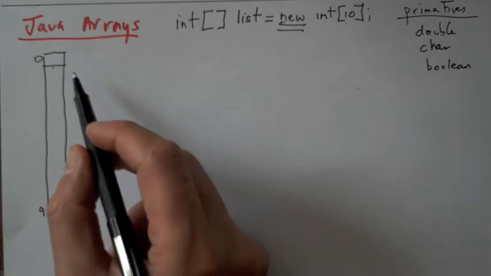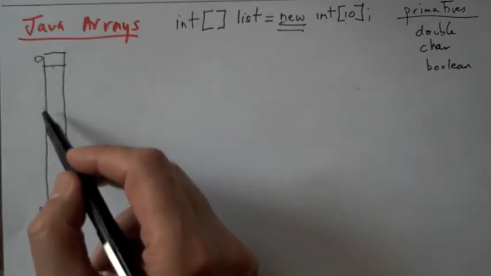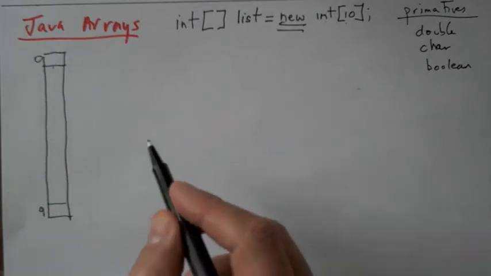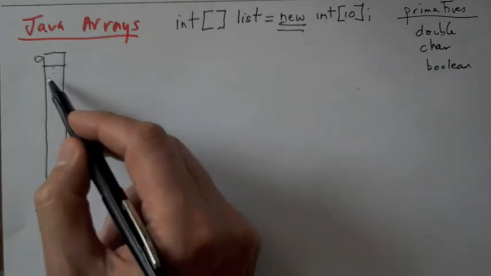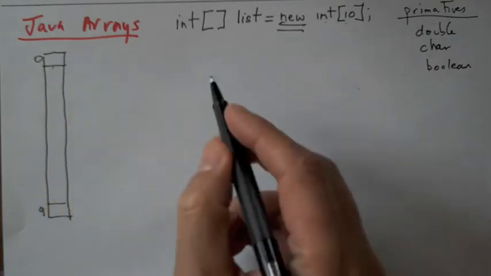So how do you put something in one of these and access it? Well, the coolest thing about the array is that you have direct, easy access to all of the elements of the array.